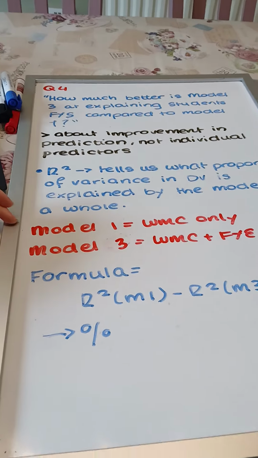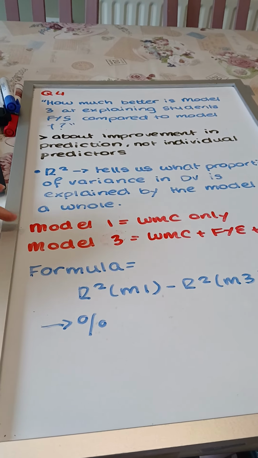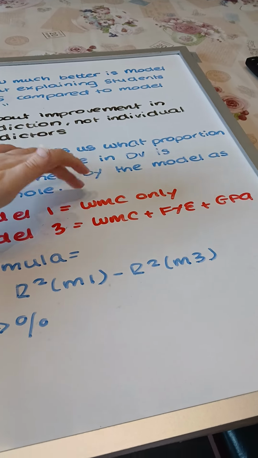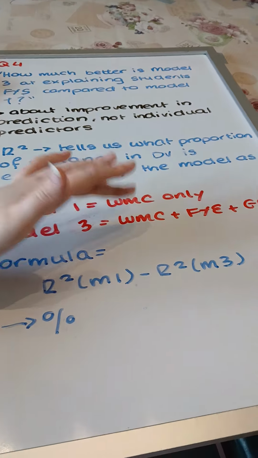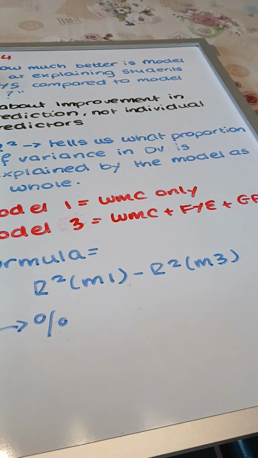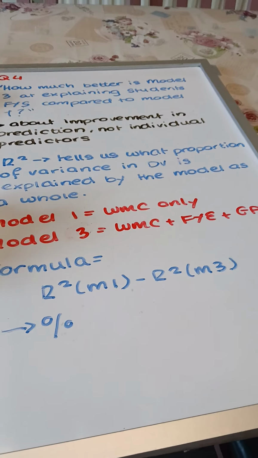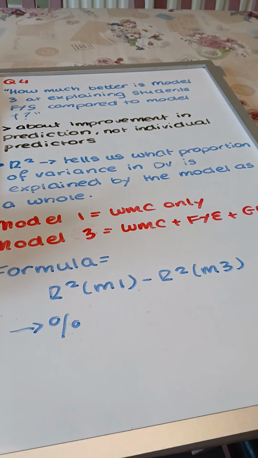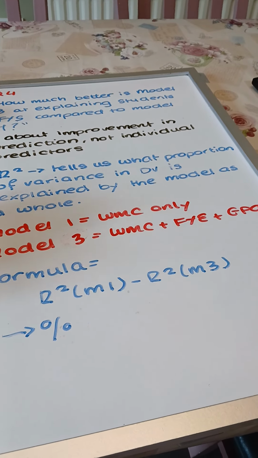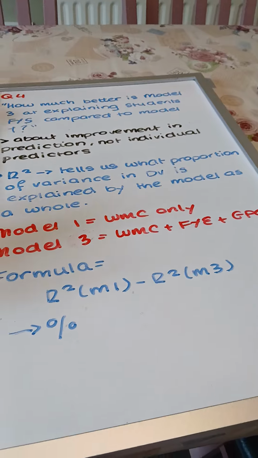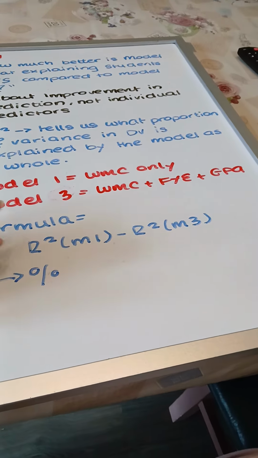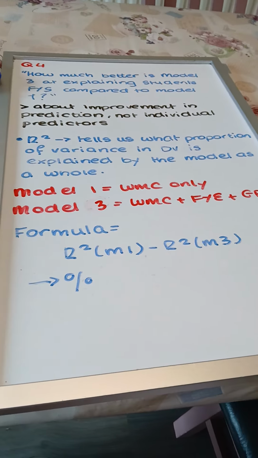The reason we do Model 1 and Model 3 instead of Model 2 is because Model 1 has working memory capacity only as a variable, and then Model 3 has working memory capacity, first year examination, and GPA as variables. So we're comparing which is better at predicting, basically one with the least amount of variables and one with the most variables. So that's the formula. I'm going to do out the question now, and after we do this formula, we're also going to convert it into a percentage.